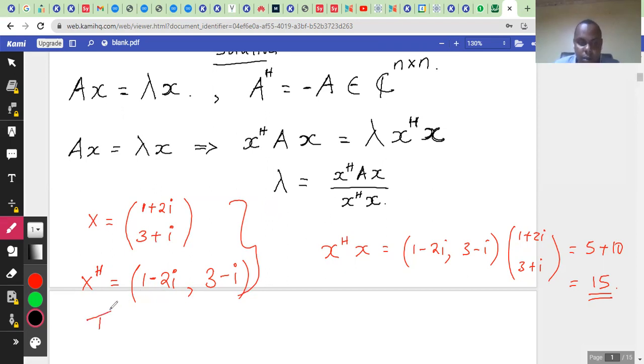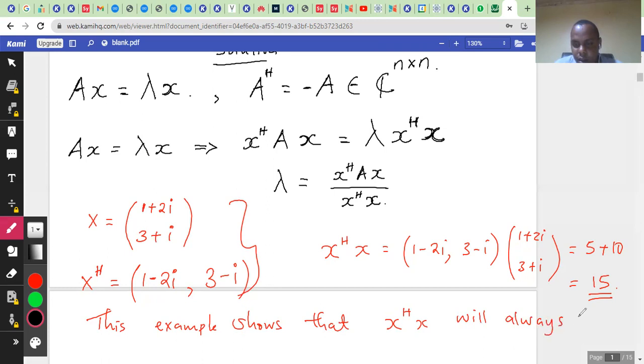This example shows that x^H x will always be real.